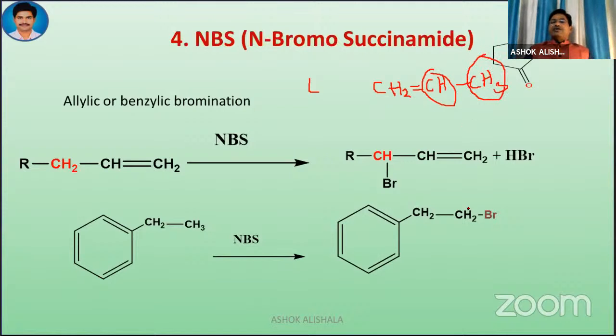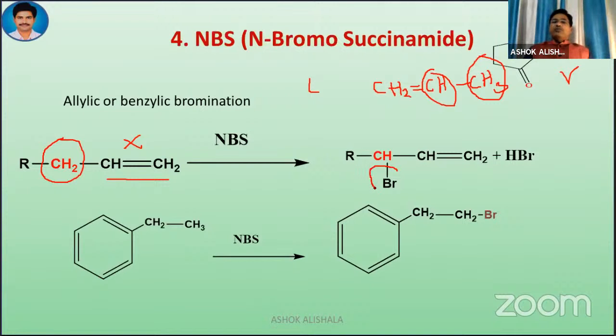or allylic hydrogens. See, if you take NBS, that is N-bromosuccinimide, a substitution takes place. The bromine is added at the allylic position only. It does not disturb the alkene, what I meant to say here, the double bond.